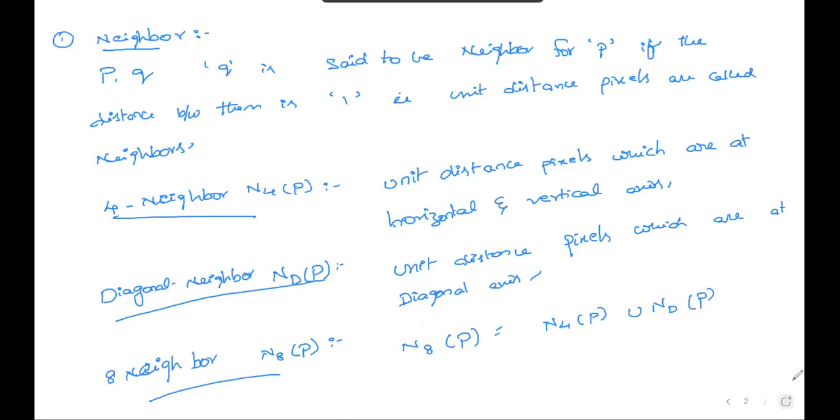Let us see one example. I am taking a group of pixels like this, 3 by 3, and I am considering this as P, denoted with X comma Y. So unit distance pixels, as I said.